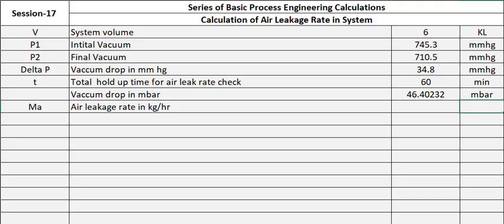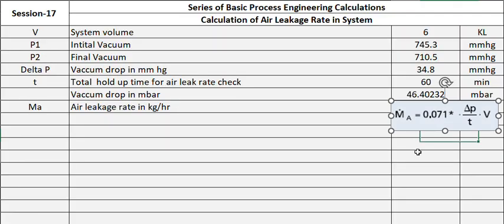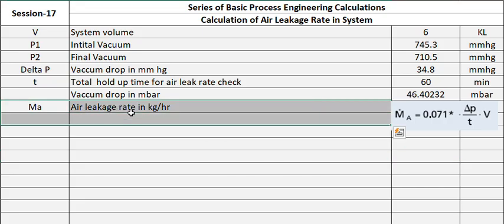I'll add this formula here, so you will get the idea about which formula and what relation we are using for the calculation of air leakage rate. Here I simply drop down the calculation values we require.